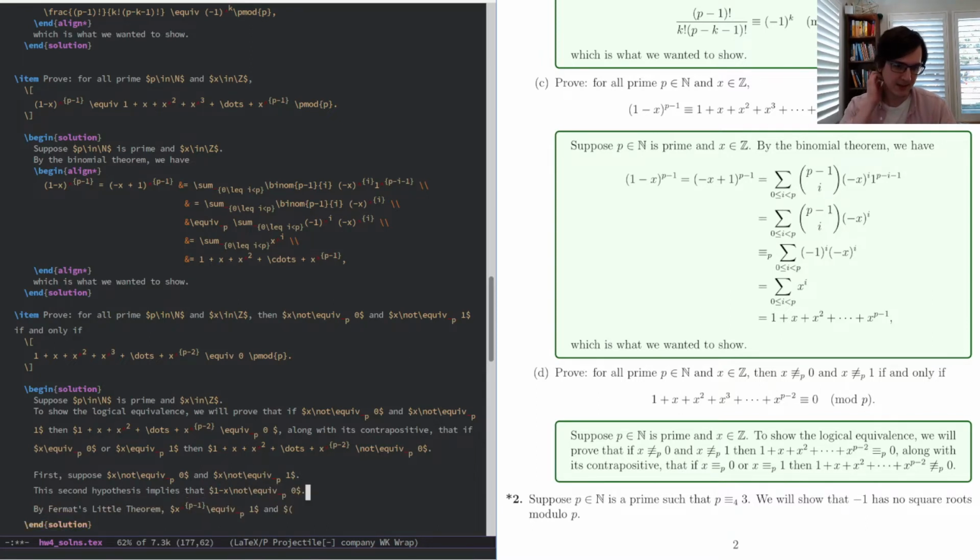So that's the key for that, because then we can say that 1 minus X to the P minus 1 is equivalent mod P to 1.